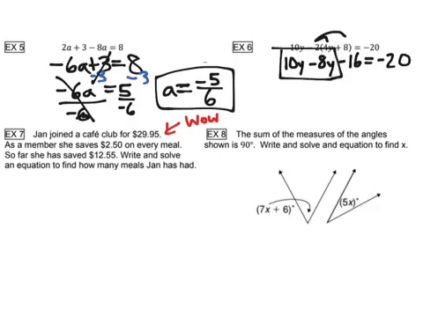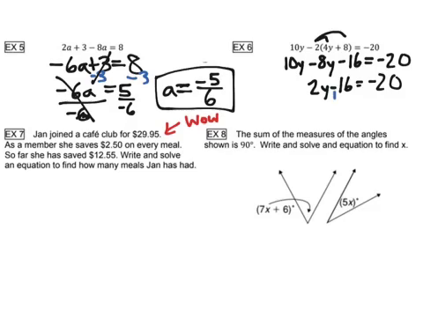Well, they're written right next to each other. I just need to combine those. 10y minus 8y is 2y. Minus 16 equals negative 20. Alright, so we distributed, we combined like terms. Now we have to add and subtract, take care of that before we take care of multiplication and division.